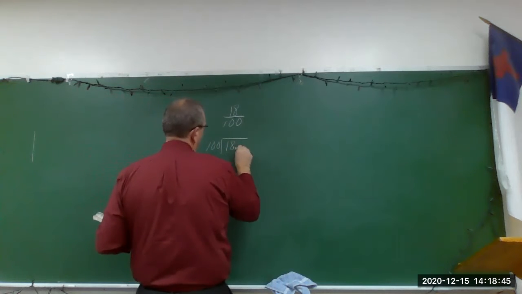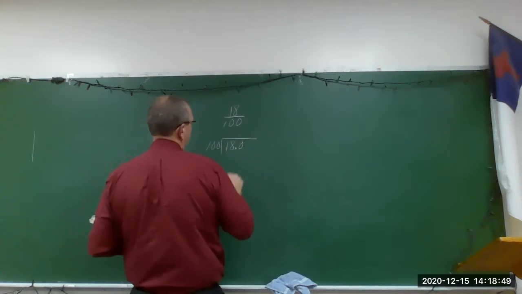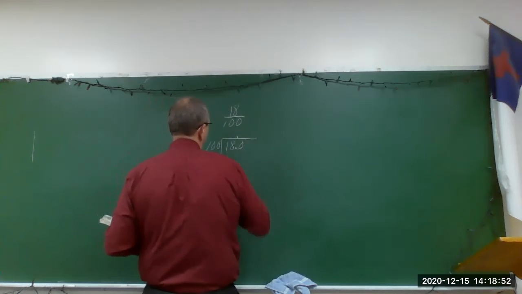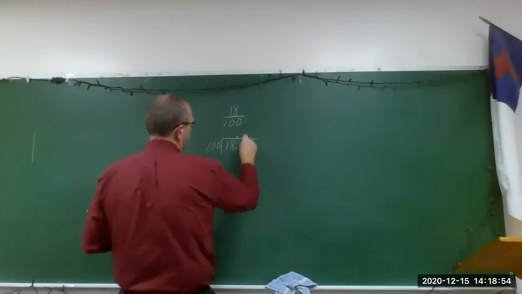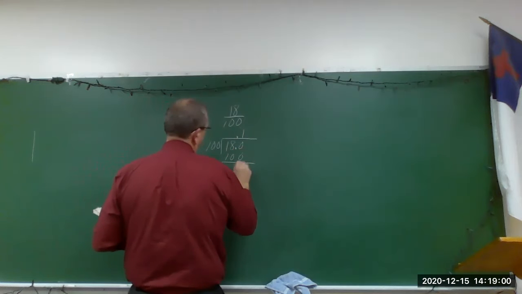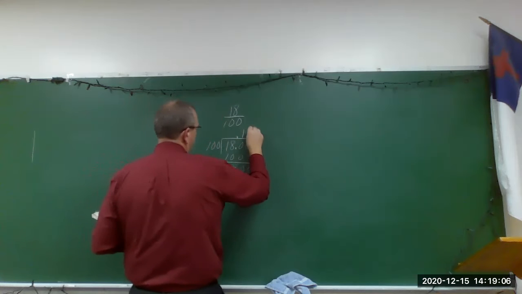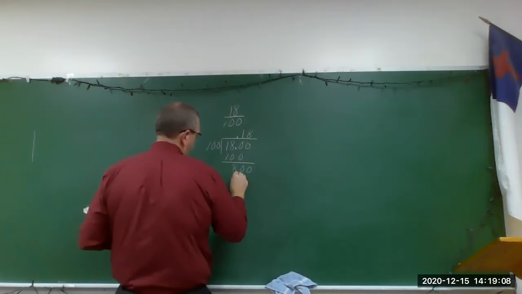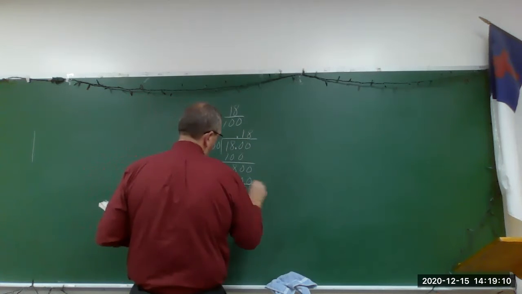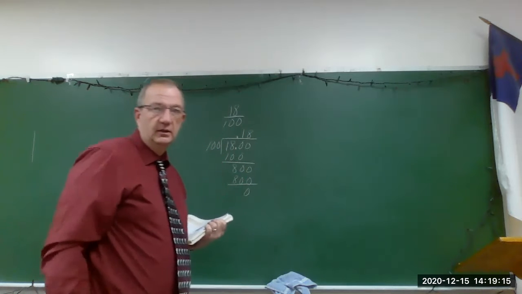Which means we're going to put a point there, and we're going to add a 0 so that 100 can go in there, okay? The decimal goes there. 100 goes into 180 one time, and that's 100, okay? Subtract that, we get 80, add a 0 there, bring it down here. That's going to be 8 times, and that's going to give us 800 there with a remainder of 0. So we have 0.18, okay?